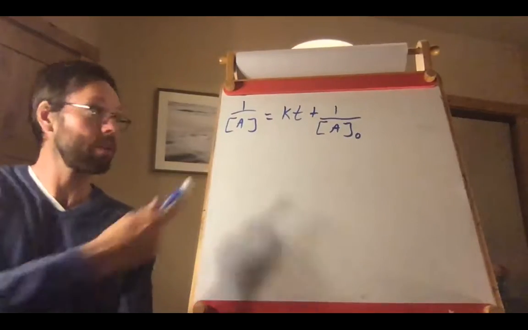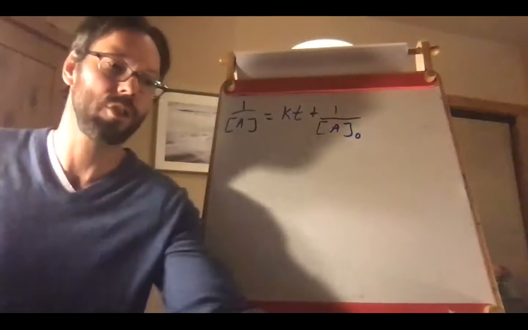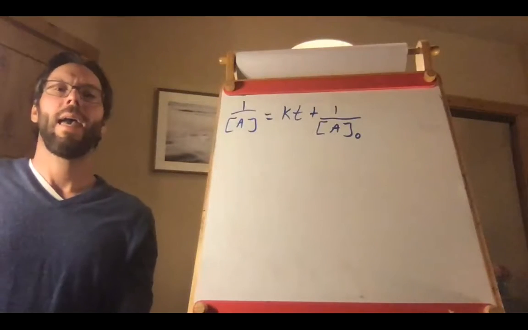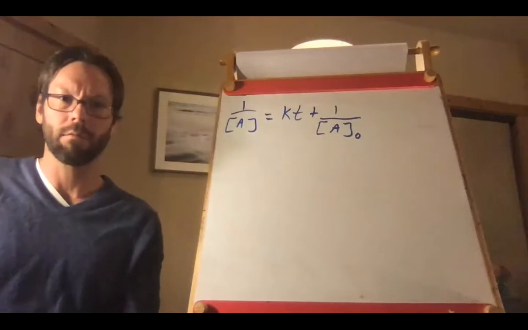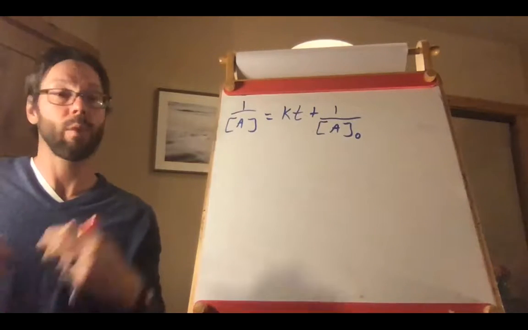All right, here is our equation, our integrated rate law for second order reactions. And let's just start plugging in some of the data that we're given. What are we given? We're given k.